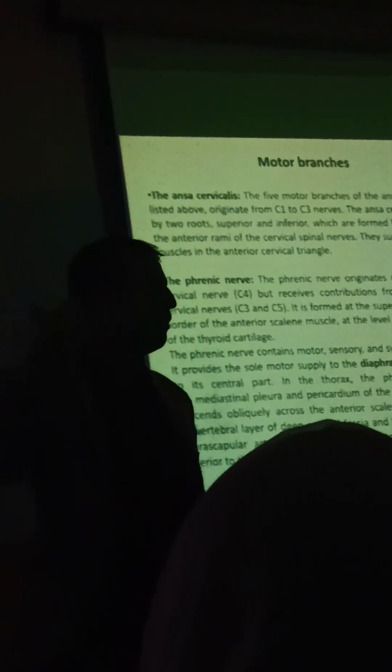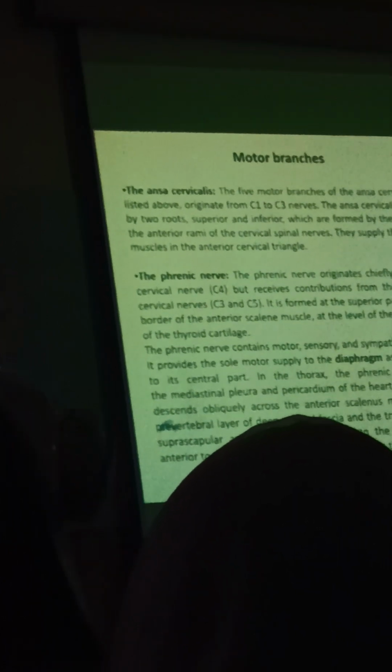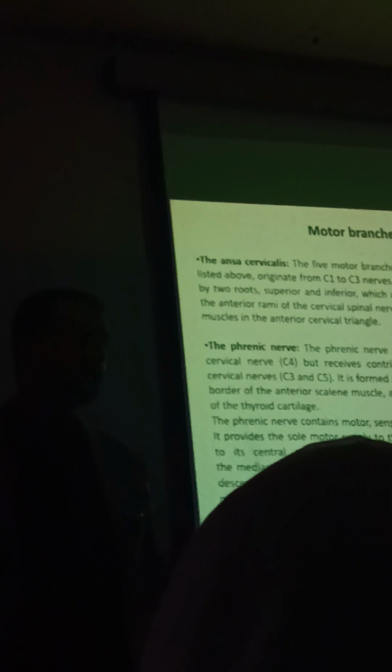Also, in the cervical area, we have the cervical plexus, which is created by the anterior branches of C1 to C4. C1, C2, C3, and C4. This makes the cervical plexus. The cervical plexus has motor branches, cutaneous branches, and also communicating branches. The communicating branches communicate with the sympathetic trunk, with the parasympathetic nerve, and with, for example, the hypoglossal nerve.